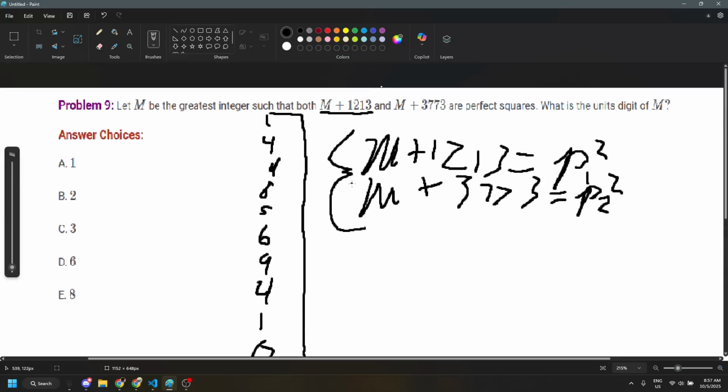Okay, let's see. So 1213, is that a multiple of 13? No, it doesn't.